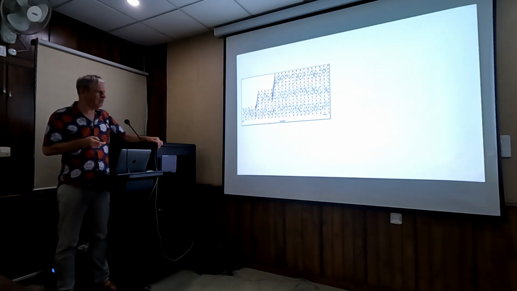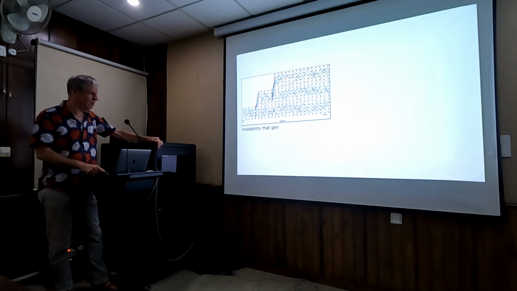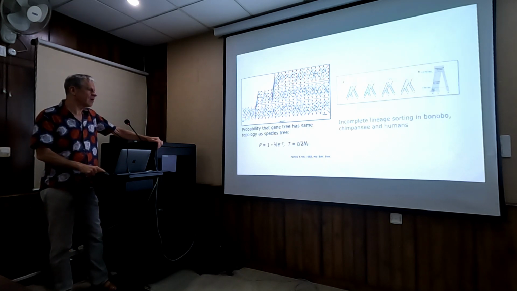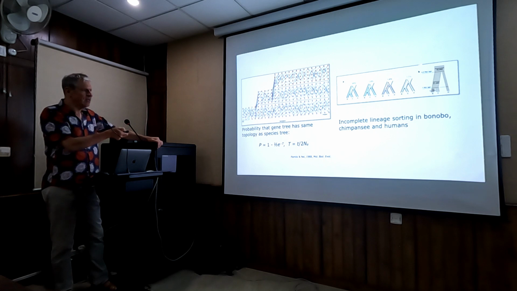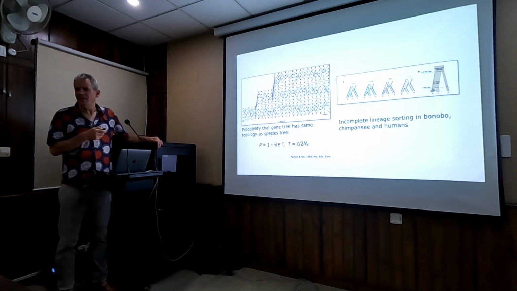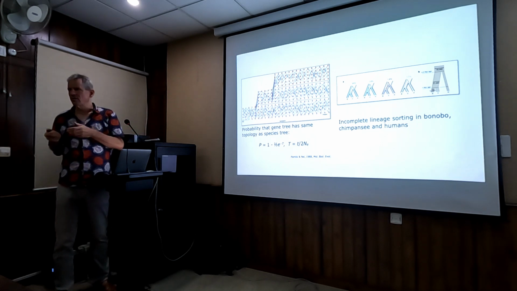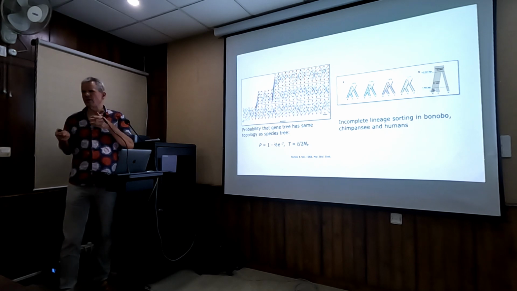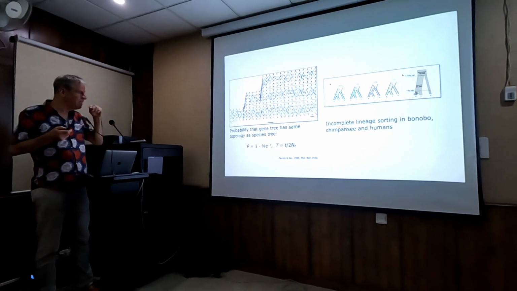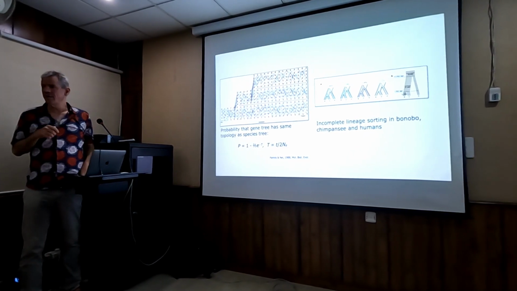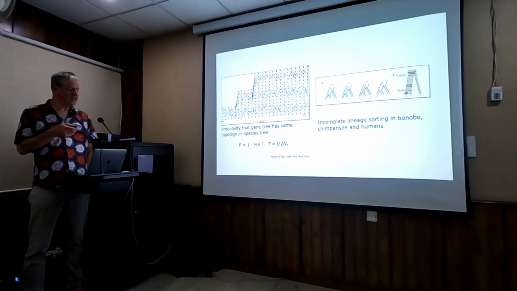Now, this phenomenon is known as incomplete lineage sorting. There you have it. And the risk, or rather the probability, of seeing incomplete lineage sorting is mainly dependent on two things.